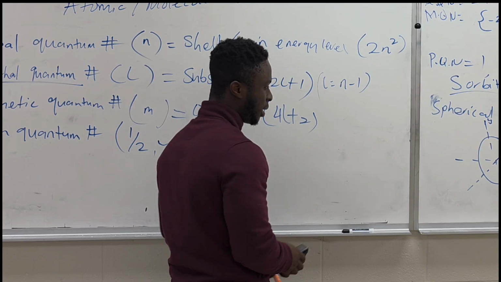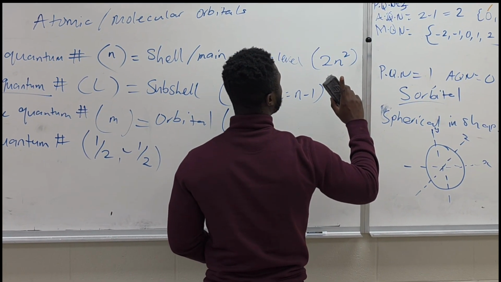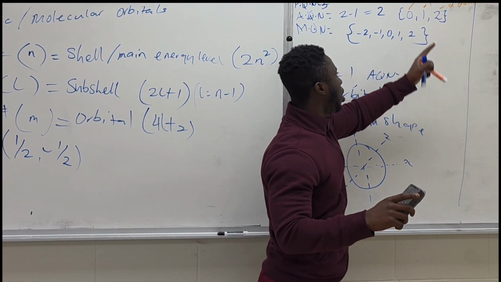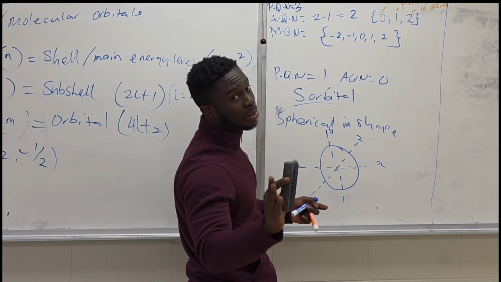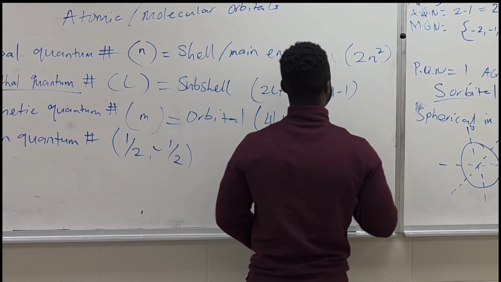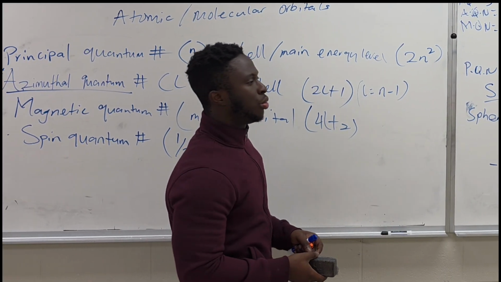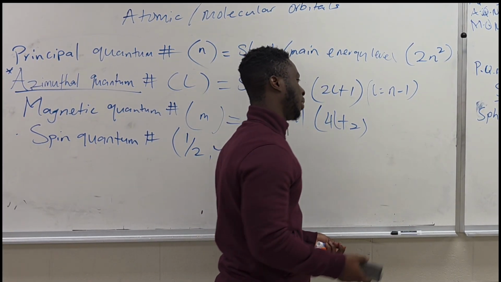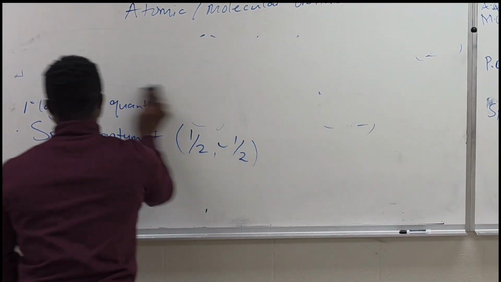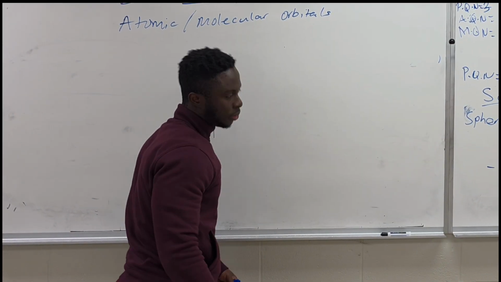So after the s orbital, we also have the p orbital. Now we go to the p subshell. The p subshell has an azimuthal quantum number with a boundary of 1, which means 0 to 1, so it's just 0, 1. Let me wipe right over here and go on like that.